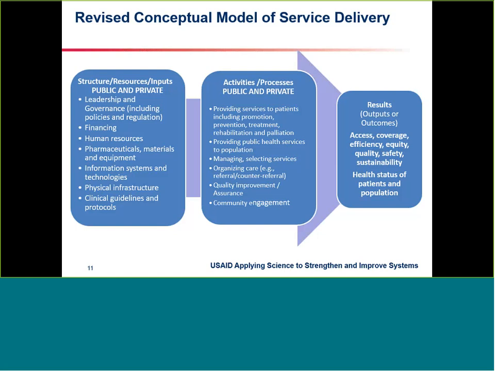These inputs are essential to deliver a range of health services at individual and population levels. Processes in this conceptual model include range of health services, managing and selecting services, and organizing and improving quality of care. These inputs and processes greatly determine health system outputs, such as access, coverage, efficiency, quality, and safety of health services, and outcomes such as health status of patients and population. Next slide, please.